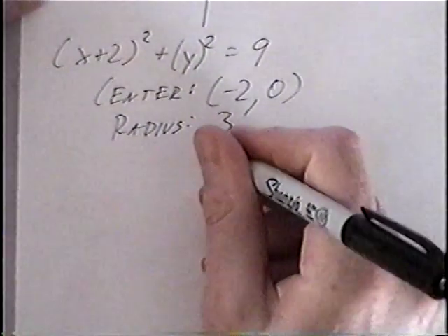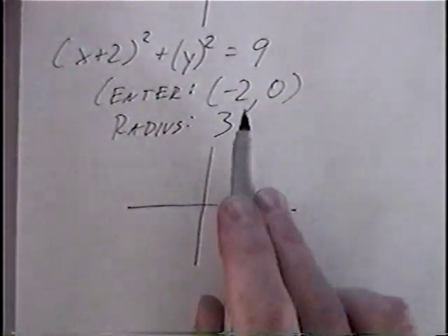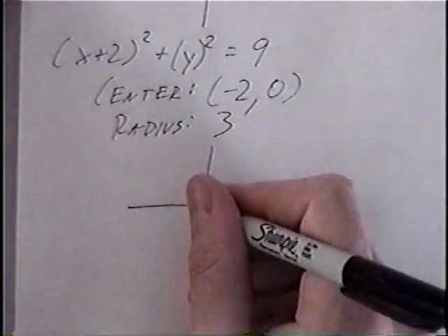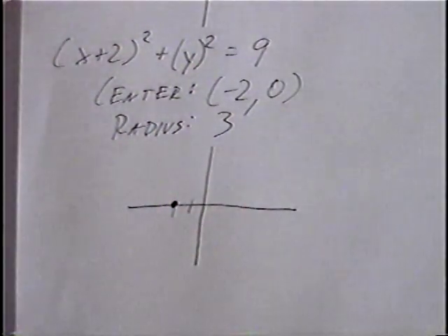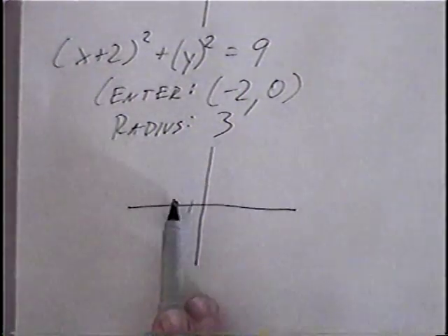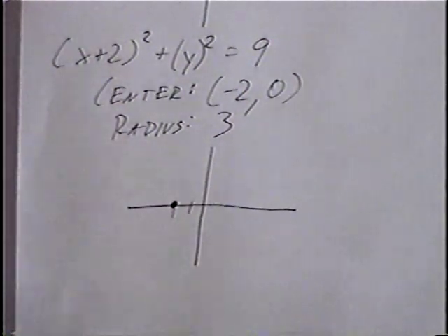To graph a circle again, draw the xy axis. We'll graph the center first at -2, 0. And from the center, we'll go up, down, left, and right. The radius is 3.